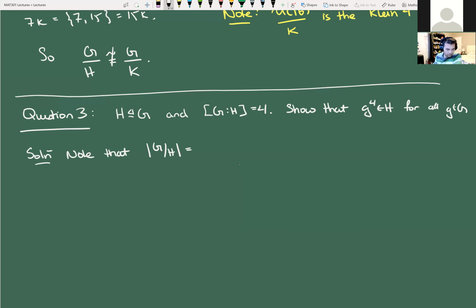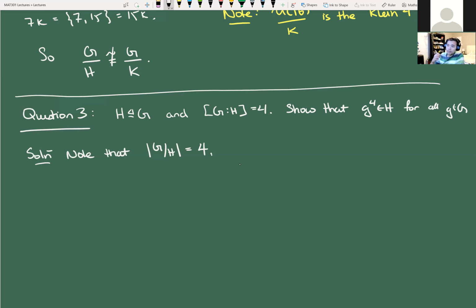Right, exactly, it's 4. Because the definition of the index is that it is precisely the order of the set of cosets. And in this case, the set of cosets is the quotient group G mod H, right? So exactly, it's 4.